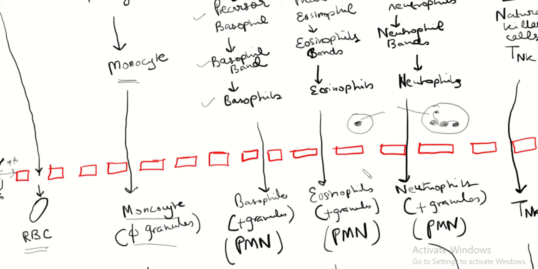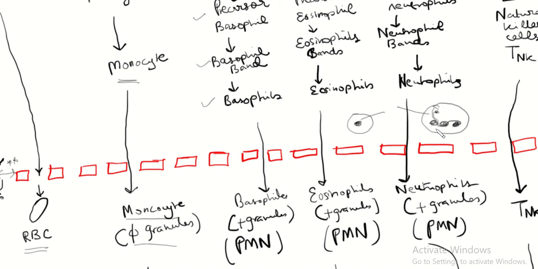Okay? So they are also called polymorphonuclear cells. Poly, multiple, morpho, morphology, how they're shaped, right? These different lobulated nuclei, okay?